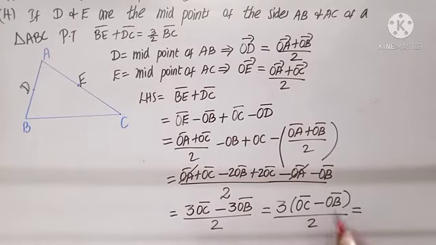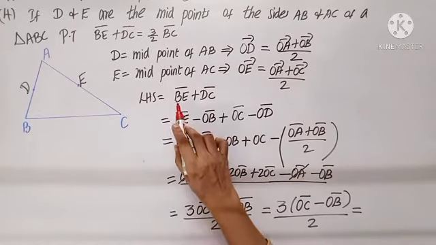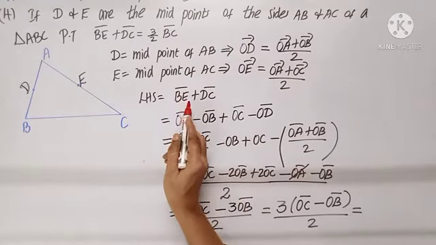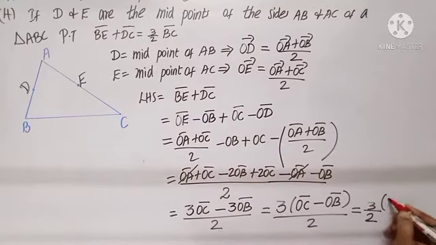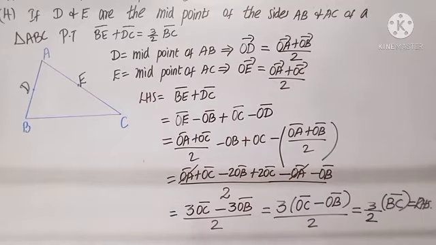When I want BC, I write second minus first. So OC minus OB is the BC vector. So I will write 3/2 into BC vector, and that is the RHS of the problem. So we started with LHS and arrived at RHS.